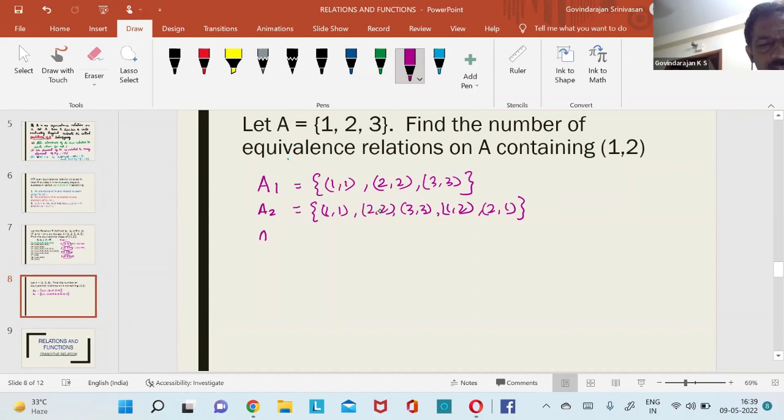And A3 is another equivalence relation: (1,1), (2,2), (3,3), (1,3) and (3,1).